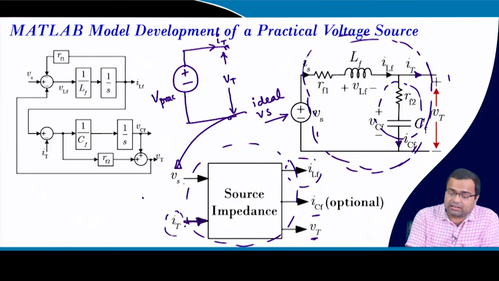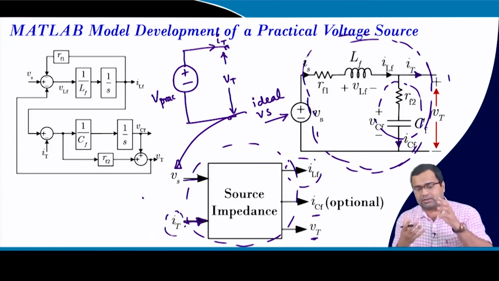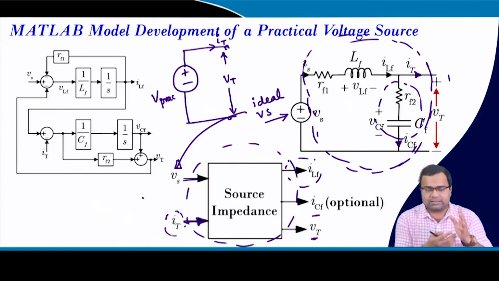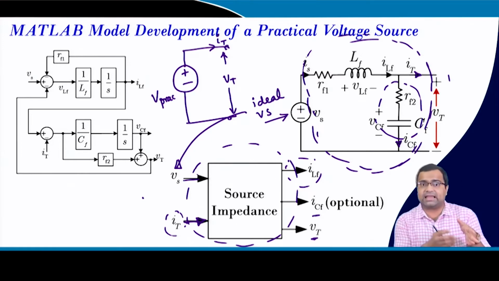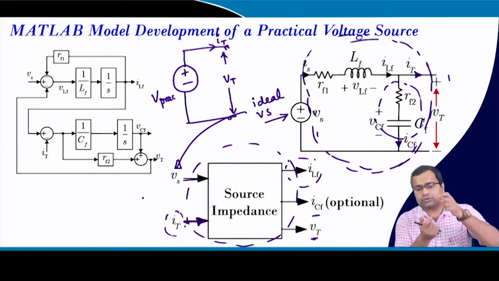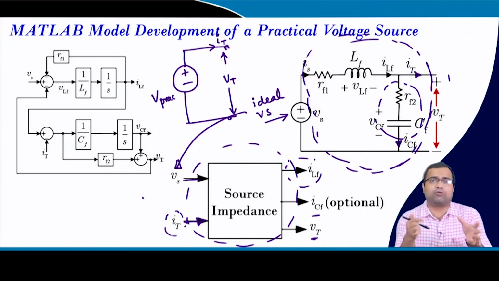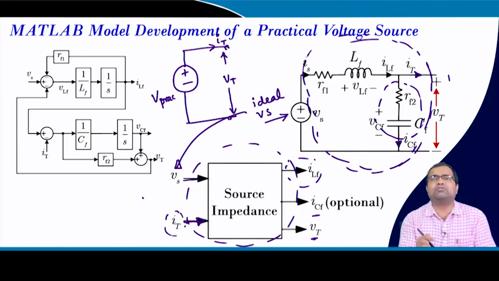Here, for our understanding, we created this model. But when you actually take a source, let us say a lab power supply, which we generally use as the input to the DC-DC converter, this power supply can be treated as a practical voltage source, in which we can only access the current coming out of the power supply and its terminal voltage.